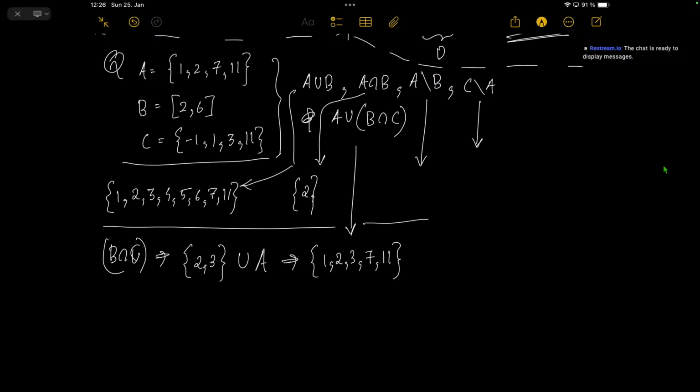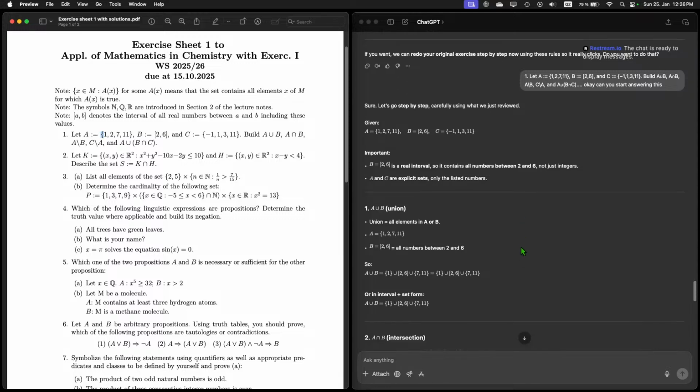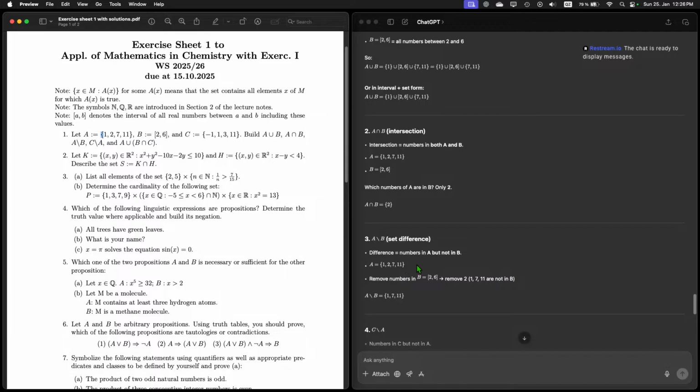Now I'm confused on this one. What are these two? Set difference. It's in A but not in B. A has to remove 2. 1, 7, 11 are not in B. Whatever A and B have in common, remove. So it's going to be 1, 7, 11.